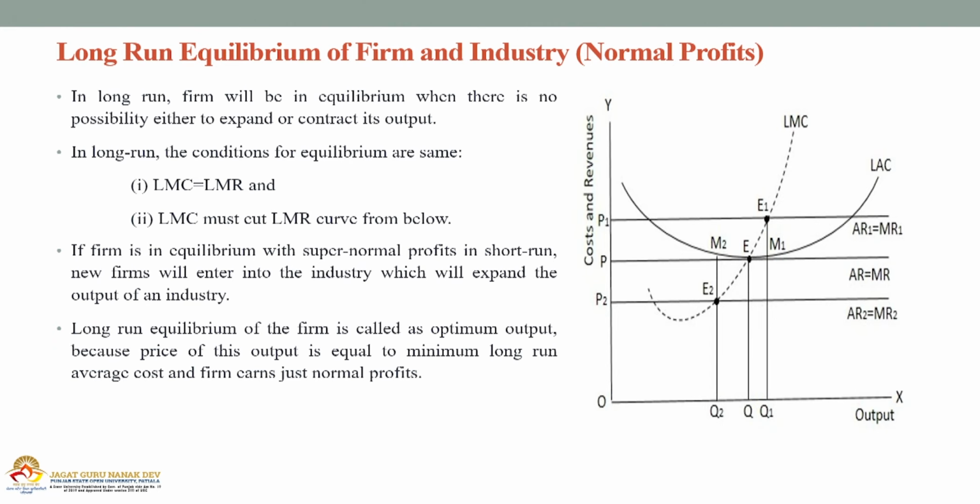Diagrammatically, again, on the OX-axis output, on the OY-axis cost and revenue. Here average revenue is equal to marginal revenue, long run average cost curve, long run marginal cost curve, point of equilibrium where both conditions are satisfied and the firm is earning only normal profits, no losses and no supernormal profits.